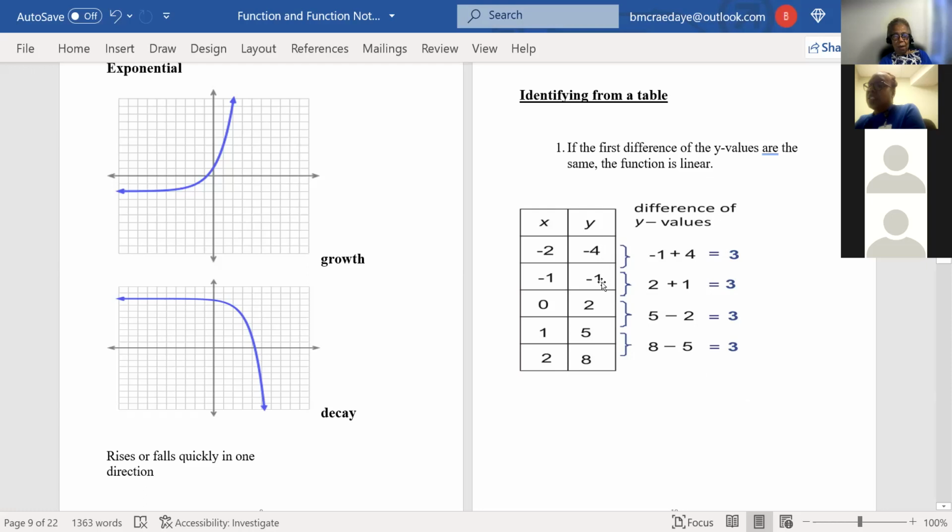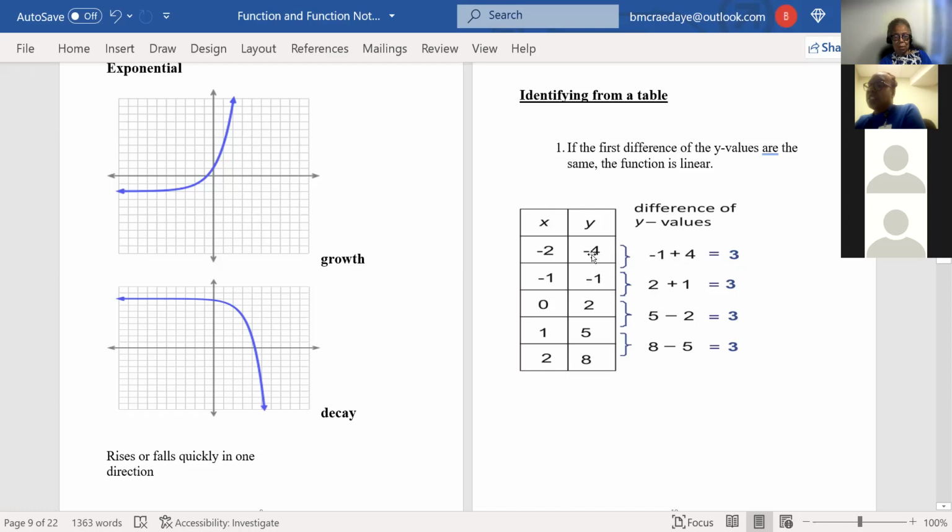Now, a -4 minus a -1 is a -1 plus 4 or 3. A -1 minus a -2 is a 2 plus 1. Or if you want to do it backwards, 8 minus 5 is 3. 5 minus 2 is 3. 2 minus a -1, which is 2 plus 1, is 3.